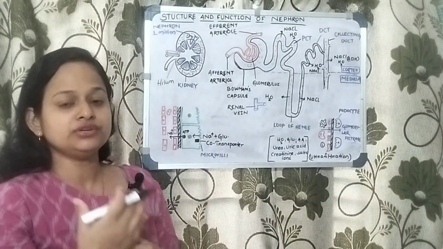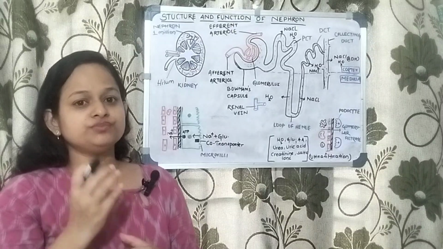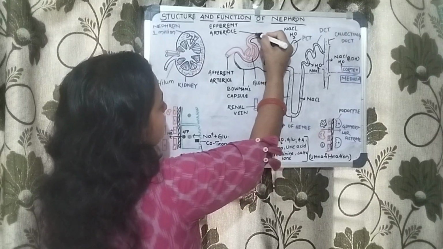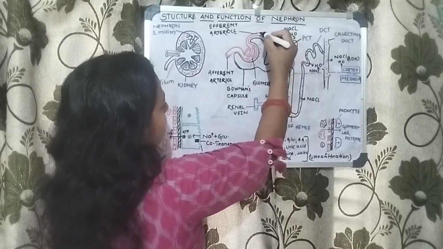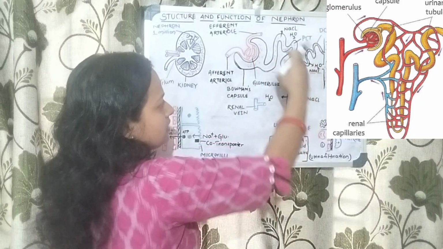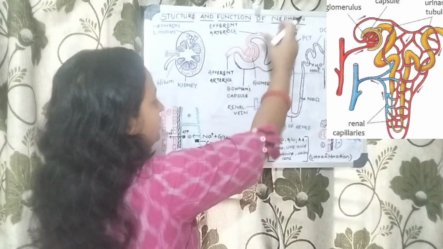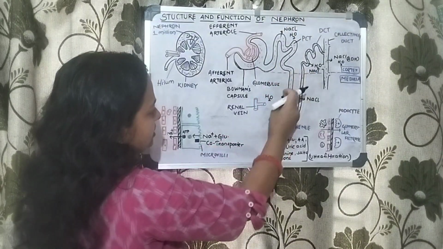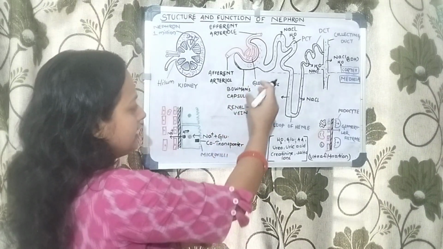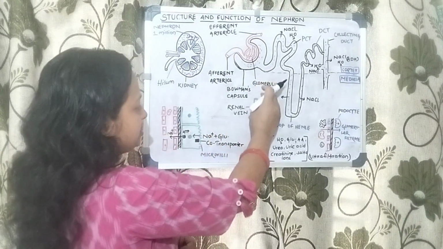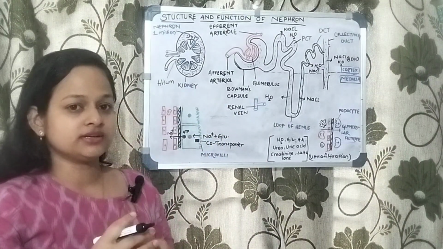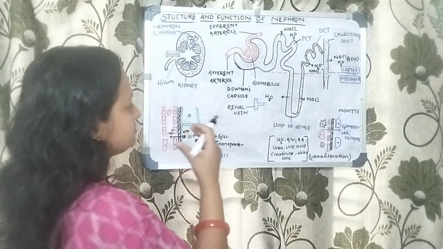After the filtration process, the rest of the substance passes out from the glomerulus through the efferent arteriole, and this efferent arteriole makes a network around the renal tubule and continues as the renal vein, and through this renal vein the filtered blood goes to the heart again. So this is the complete circuit of the filtration of blood.